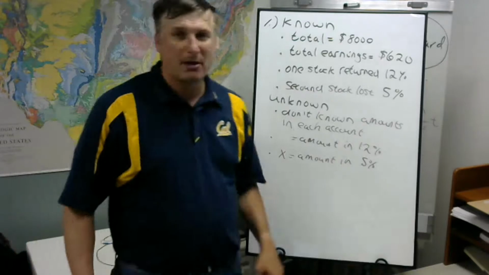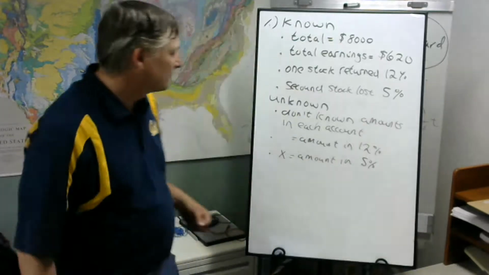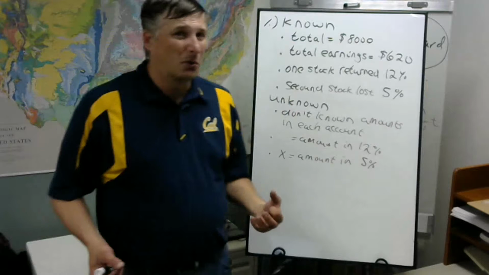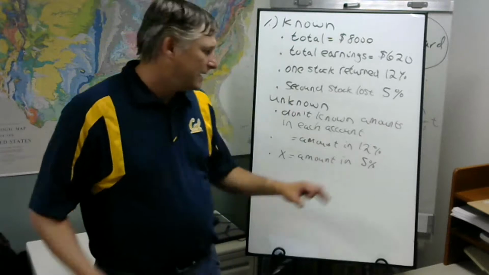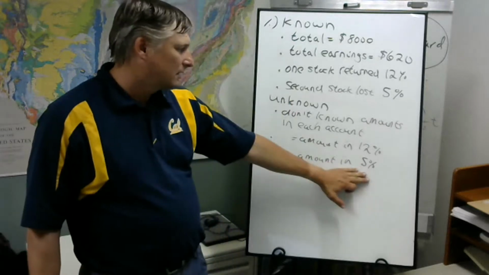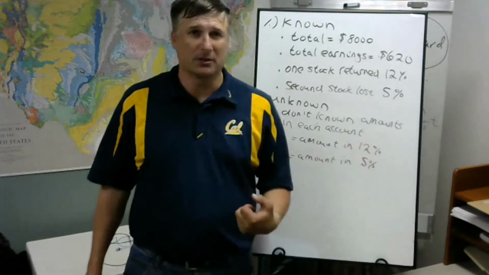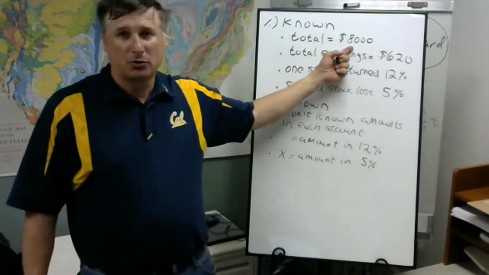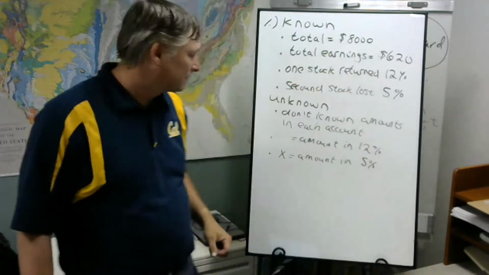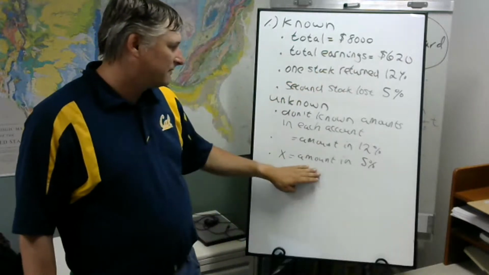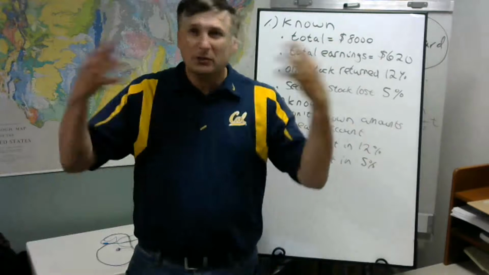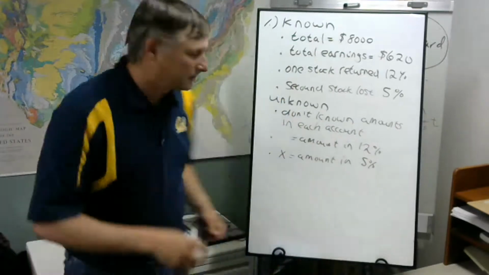Let's let X be the amount in the 5%. Now we know that if we take the amount in the 5% and add it to the amount in the 12%, the total should be $8,000. So if X is in the 5%, then the rest of the money is in the 12%.